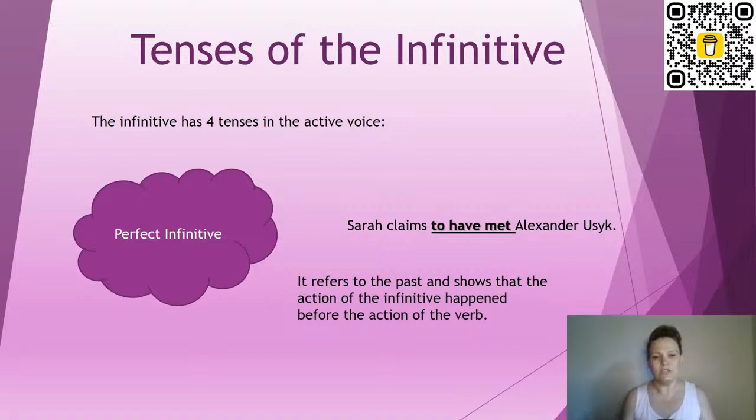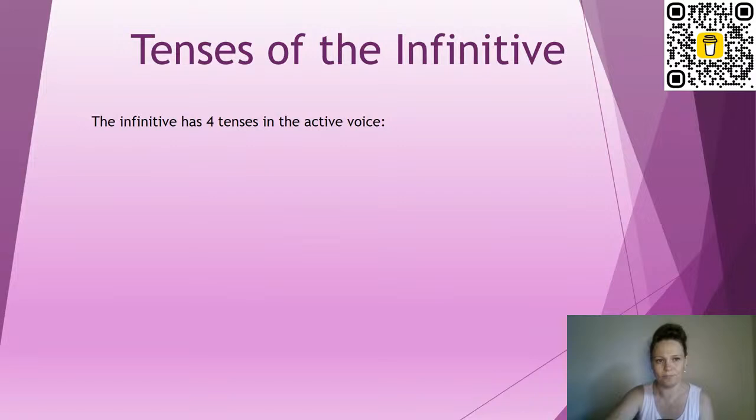In this case, the infinitive refers to the past and shows that the action of the infinitive happened before the action of the verb. So she claims now that she has met Alexander Usyk before. That's why we use the perfect infinitive to show the action that happened before. Sarah claims to have met Alexander Usyk.